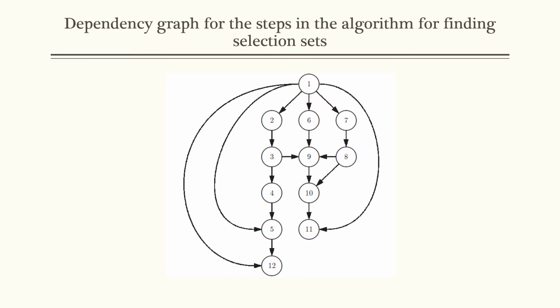It is just to guide you on how to do the process for each of the steps, and what input is needed. If you run through the algorithm, you might need to refer to this dependency graph to determine what the input is for each particular step in this algorithm.